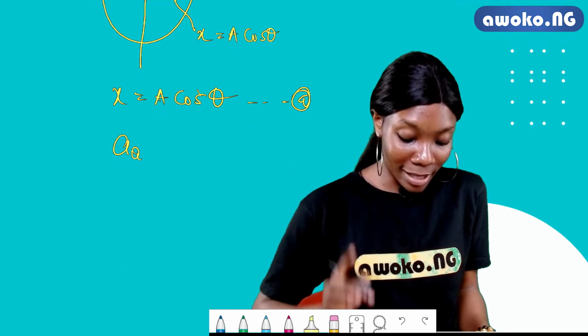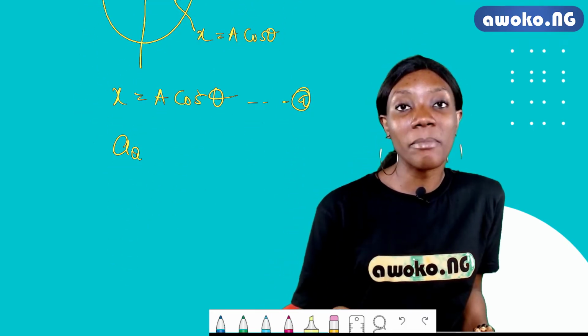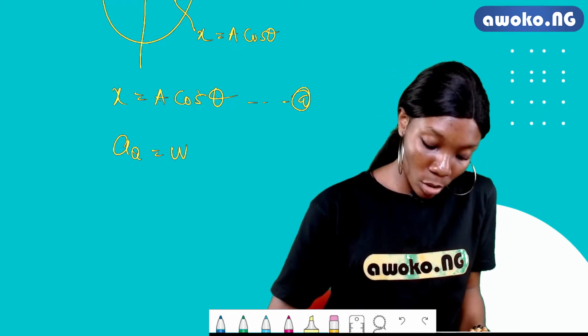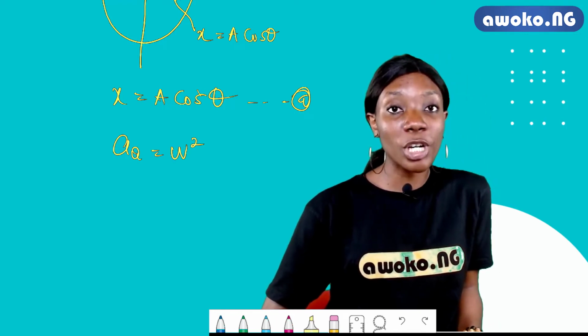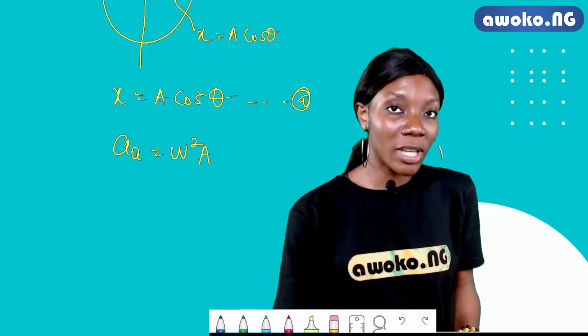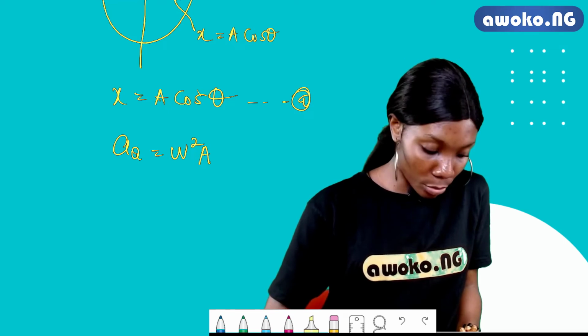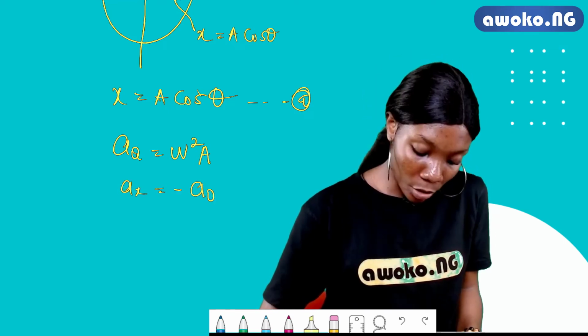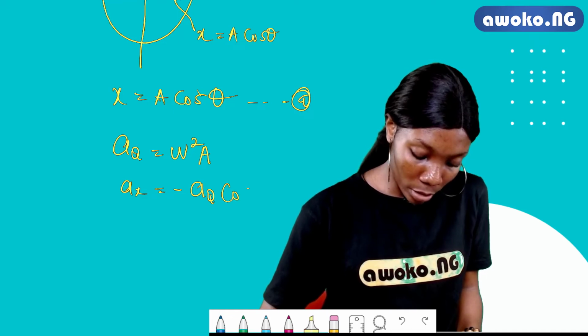So it is constant, take note, and given by the angular speed, which is W, squared times the radius of the circle, which in this case is A. So the x component of AQ is AX, and this equals AQ cos theta.